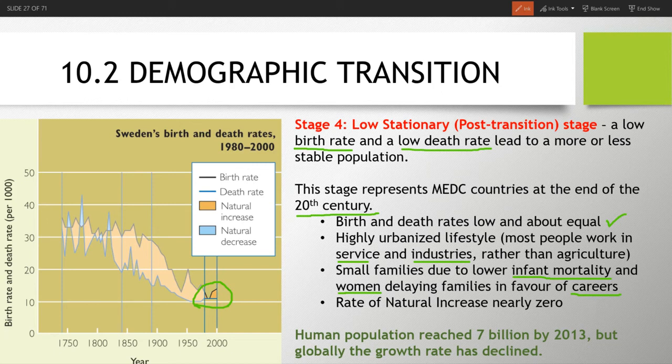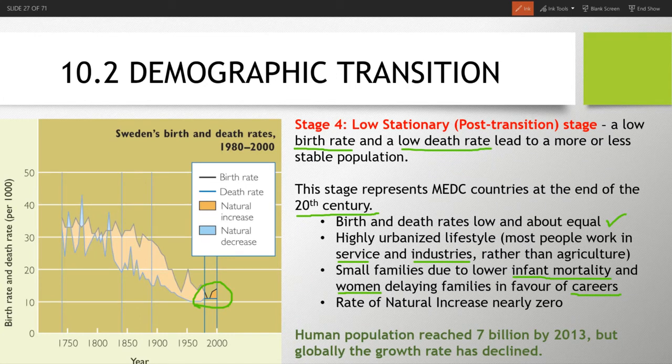A difference, for example, might be that it was much more common many, many years ago for women to marry at a young age, sometimes maybe 17, 18, 20 years old. And in that situation, they have many years of married life with which to have children. But nowadays, women are tending to delay having families.